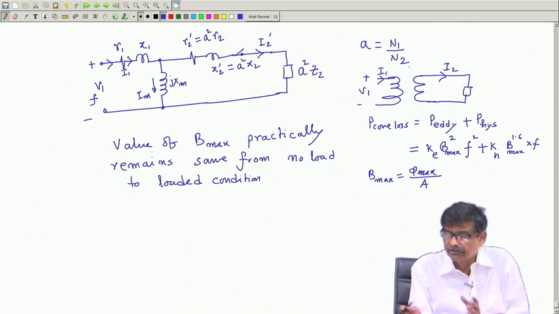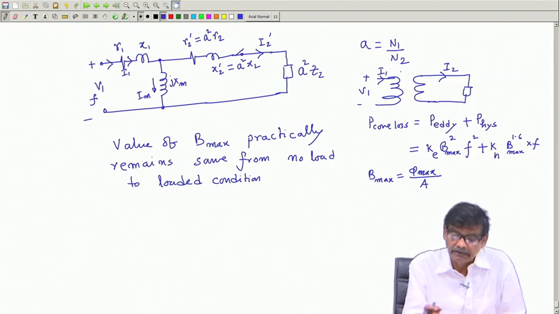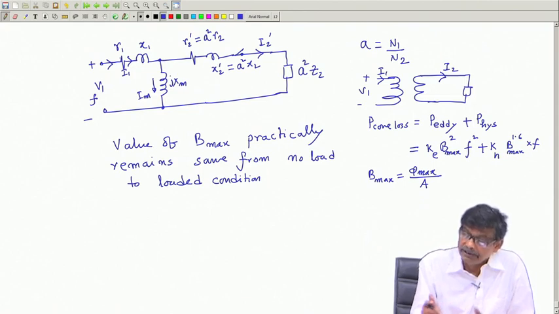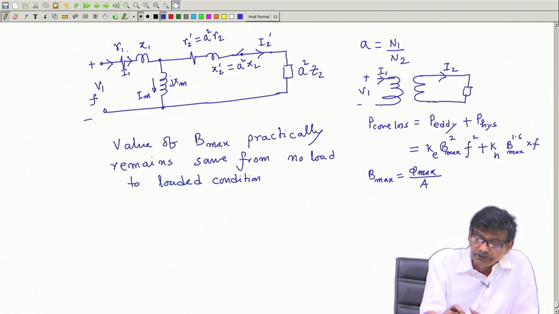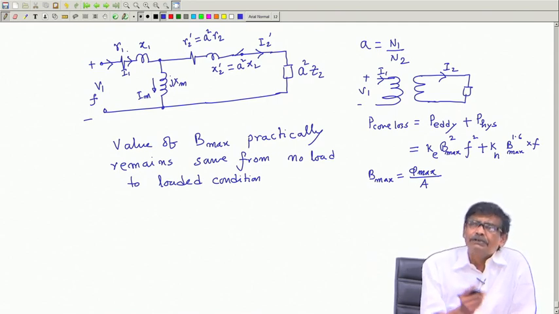Suppose there was no load, so a square Z2 is infinity, here it will be open circuit, then the current drawn will be pretty small. So, this voltage will be this one. But when it is loaded, this current will increase no doubt, but these parameters are small. The voltage across this magnetizing branch Xm will definitely not be equal to V1, but it will only marginally change.